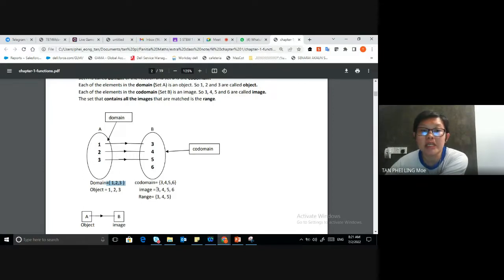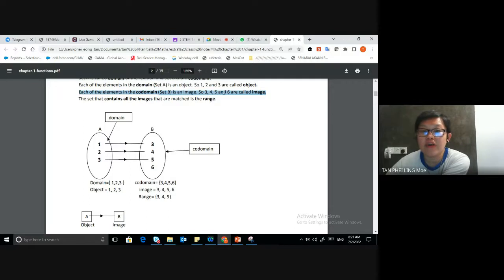Same thing here. In the codomain, you will have 3, 4, 5, 6 because they are all in the set of codomain. Whereas the image will be all the images here, 3, 4, 5, and 6. Just like what we say here, each element in the codomain is an image.